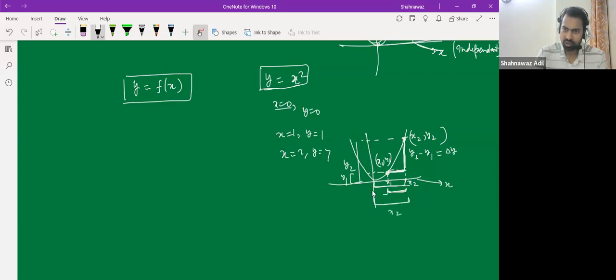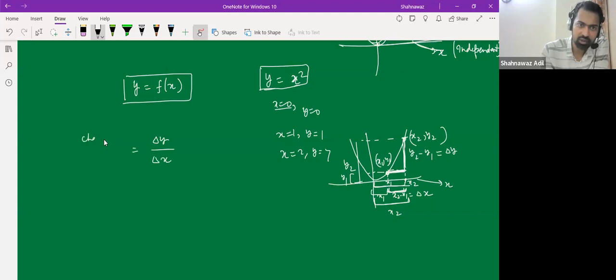This one is x1. So this would be x2 minus x1. Correct. So this is the change in x, and let's say this is delta x. So if I calculate the change in y with respect to change in x, that is called this, right?